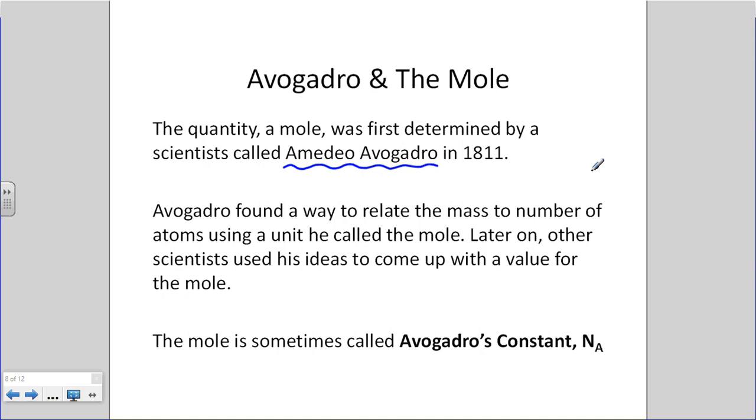And then later on, some scientists helped actually figure out a value of the mole. And because he was the first person to actually get into the idea of the mole, the mole is also sometimes called Avogadro's constant. And we sometimes use the symbol with a capital N and a subscripted A to represent the mole, or 6.02 times 10 to the 23.